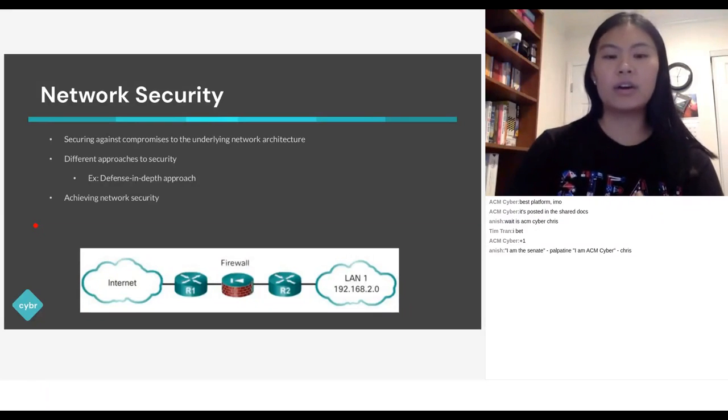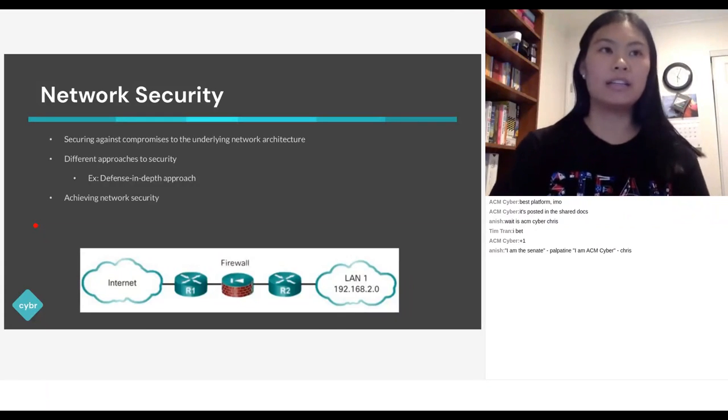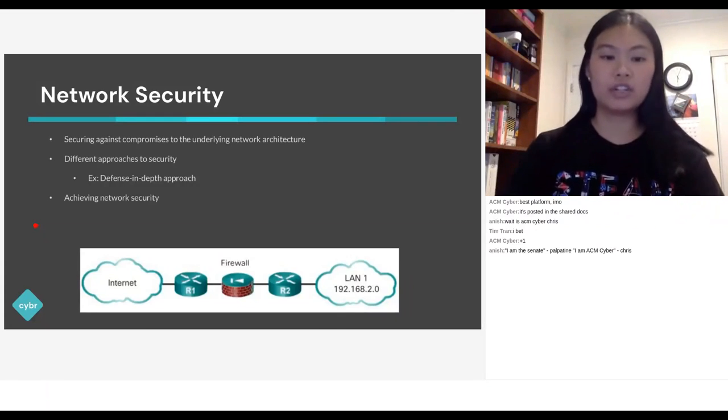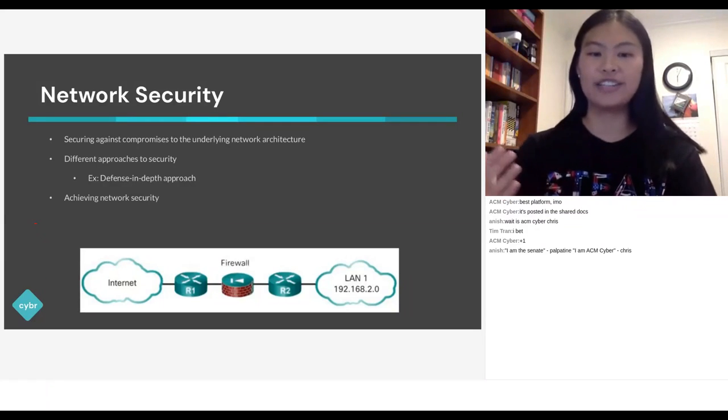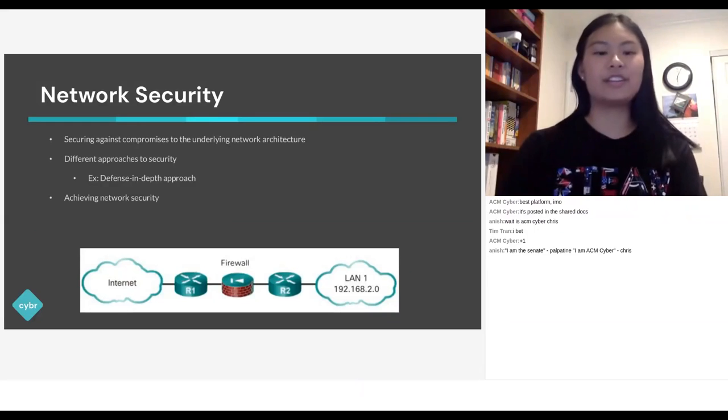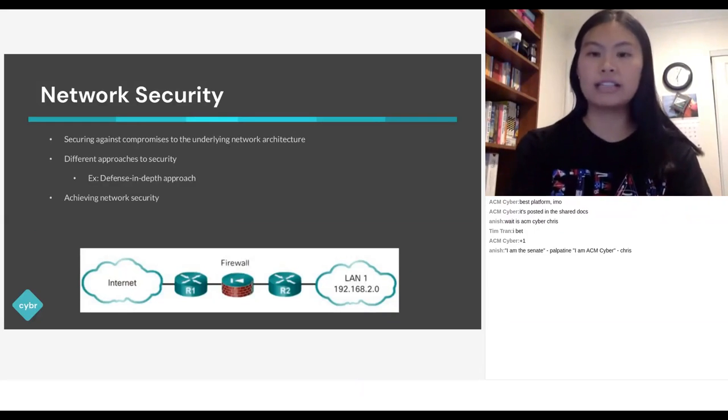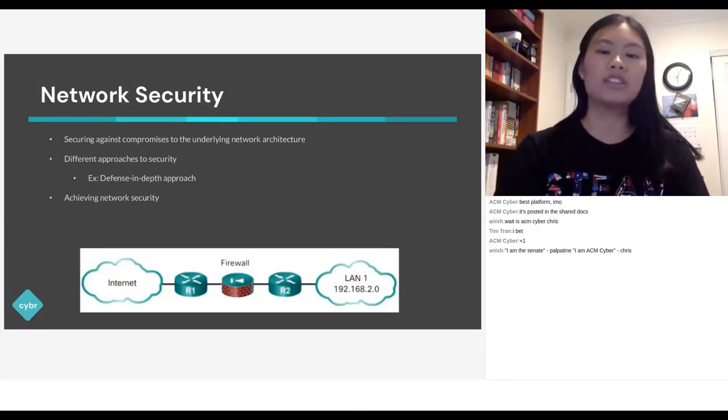The idea behind defense in depth is that even if one line of defense is breached, you still have others behind it to make sure your data stays confidential. The key takeaway is don't rely on just the firewall. It's supposed to be on the edge of the network, the first line of defense, and because of that, a lot of hackers will target firewalls and bypass firewall rules.